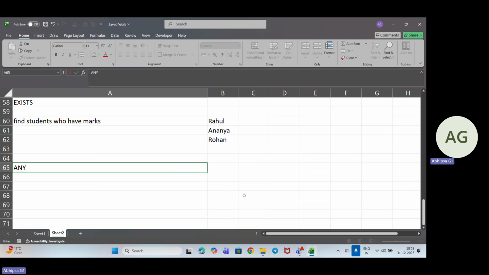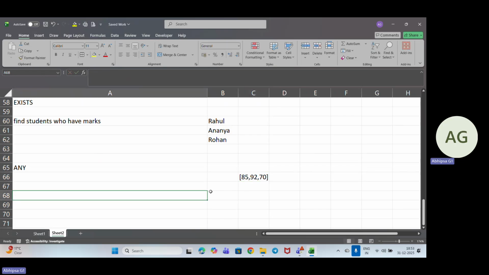Now we have an example: the subquery result. Suppose we have the marks list, and the marks list comes out as 85, 92, 70. Now find the student who scored more than any marks above 80.